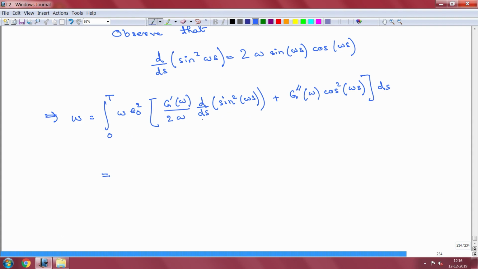Now, when we integrate this, these are all constants with respect to time. This is the only variable which is a function of time, right.